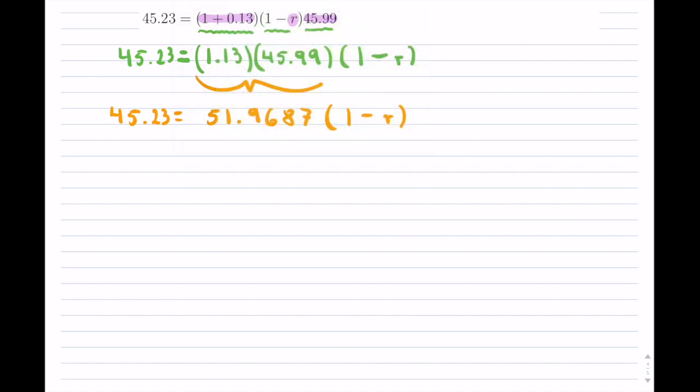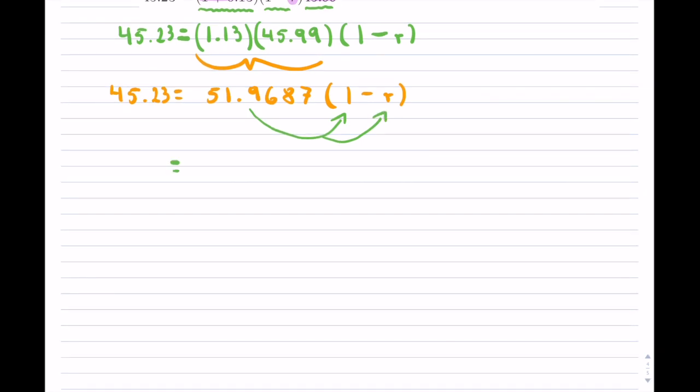I'm going to bring this number inside and multiply this through. In that case, I will have 51.9687 minus 51.9687R on the left-hand side, and I have 45.23.